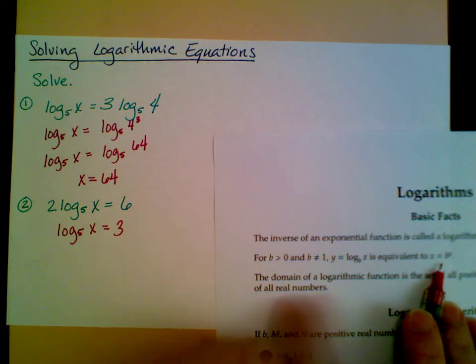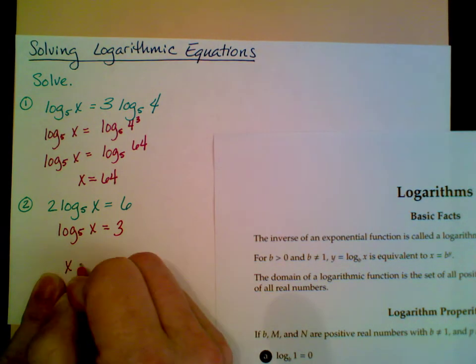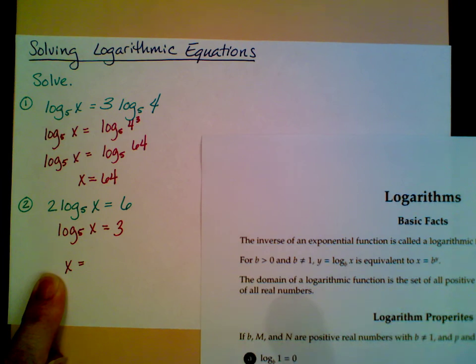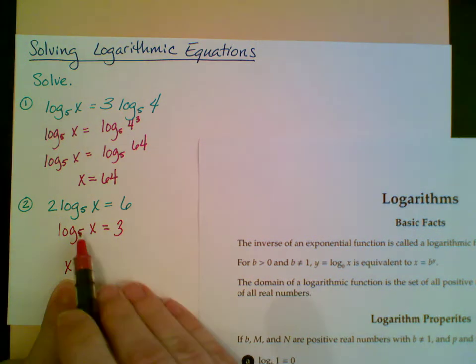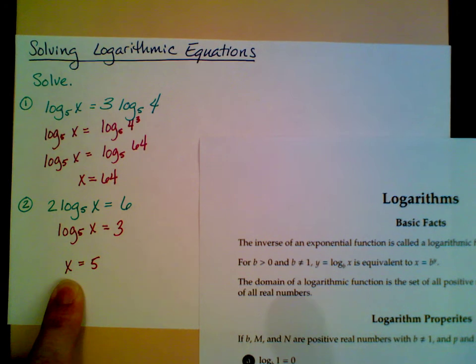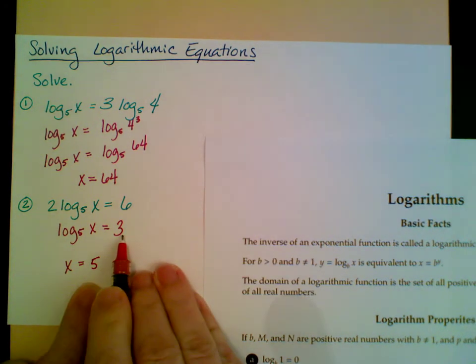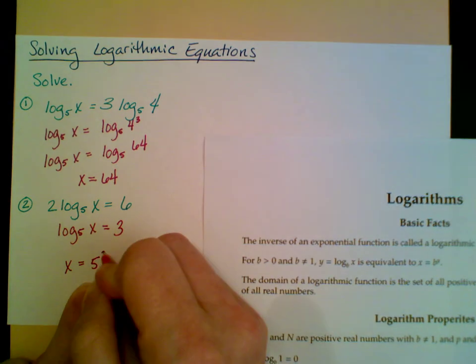So now I've got a slightly simpler equation in logarithmic form that can be written in exponential form. So x is the input of the logarithm, and in exponential form, that's what goes on one side by itself, the input of the logarithm. The base of my logarithm is 5, and my thing that's equal to my logarithm is 3.